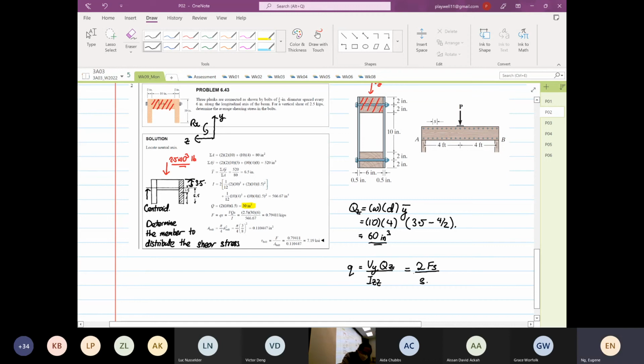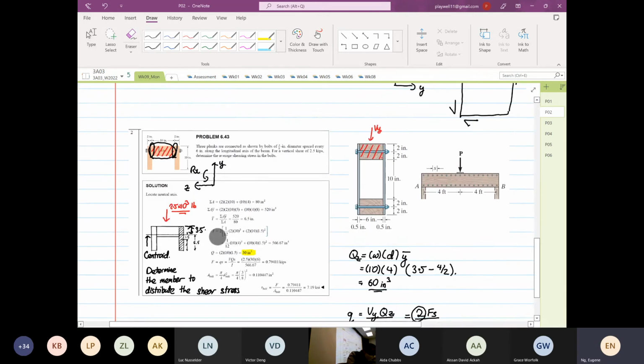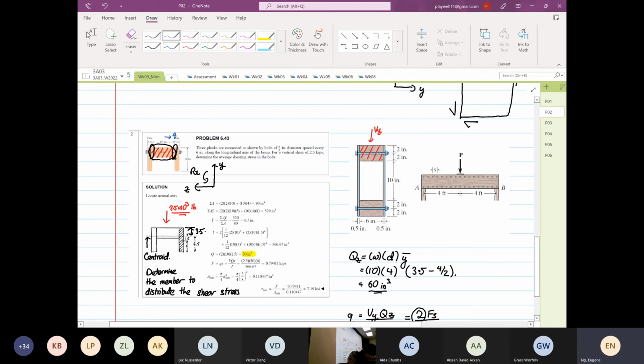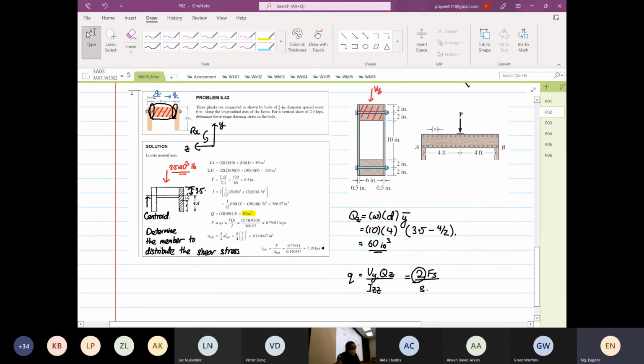Why 2 over here? Because if you consider the center, you have one joint over here and the other joint over here. Or some of you might say, Eugene, this is equivalent to one side having q, the other side is our shear flow. That's why I multiply by 2. You can also say that. It's also valid.